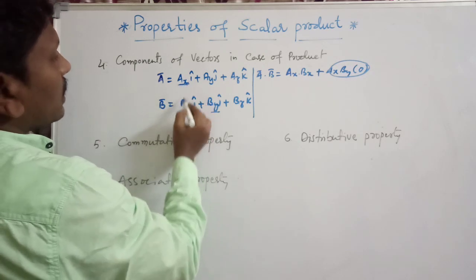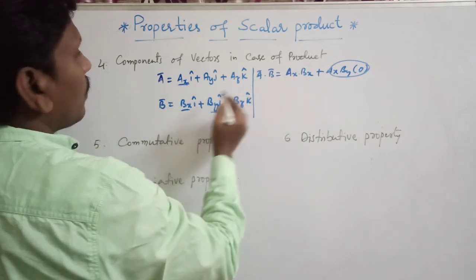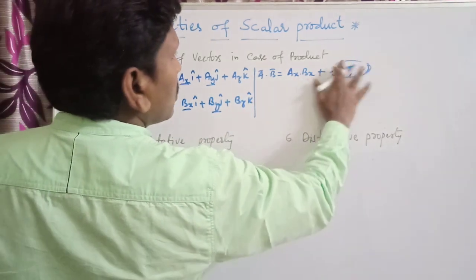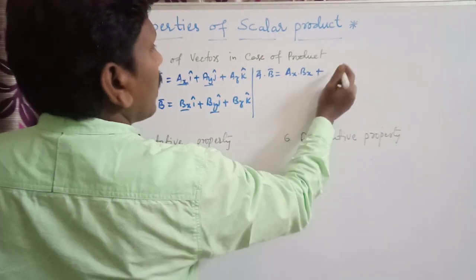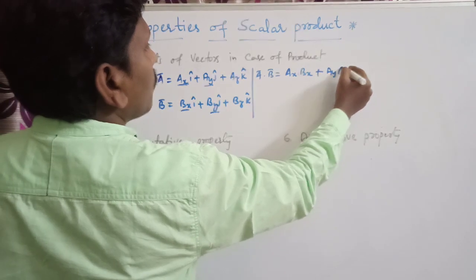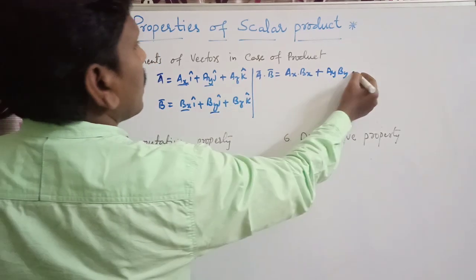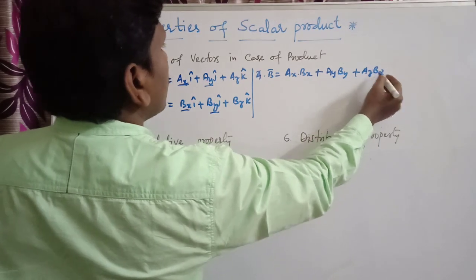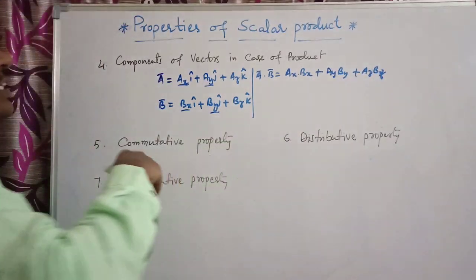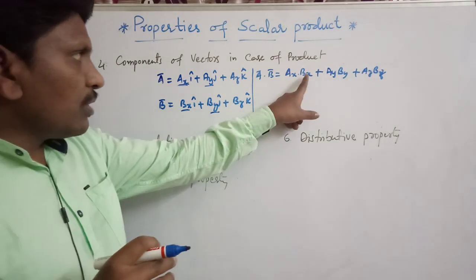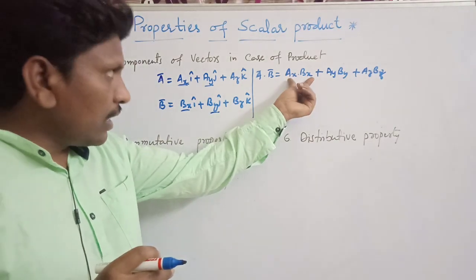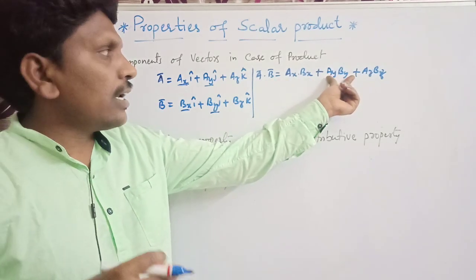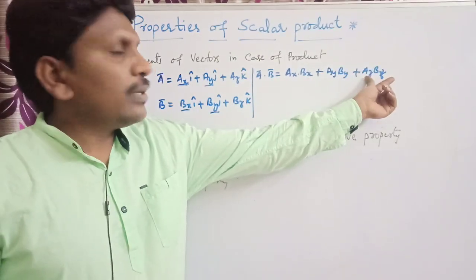So this is ax bx plus ay by plus az bz. Here ax bx is a scalar or magnitude, ay by is a scalar or magnitude, and az bz is a scalar.